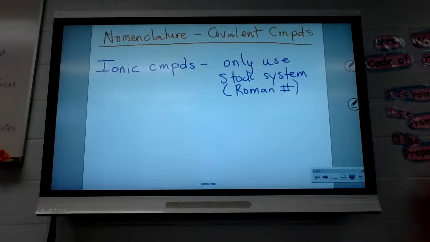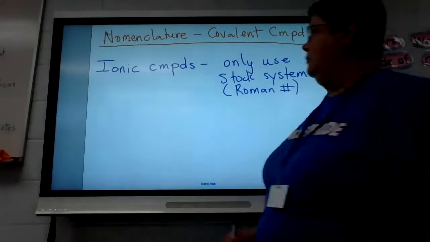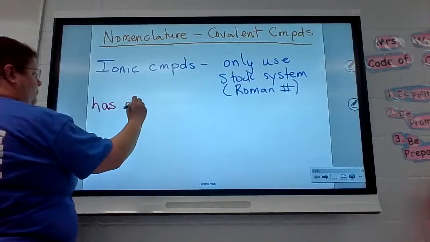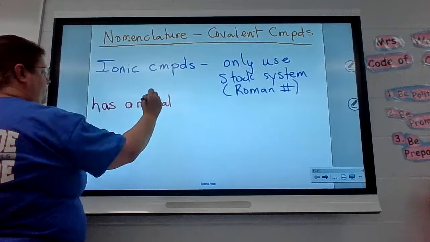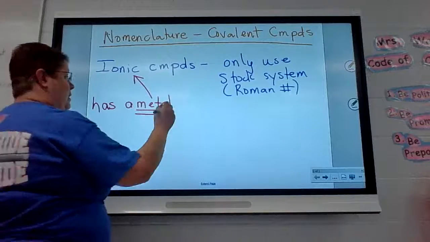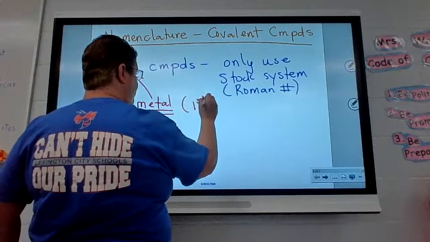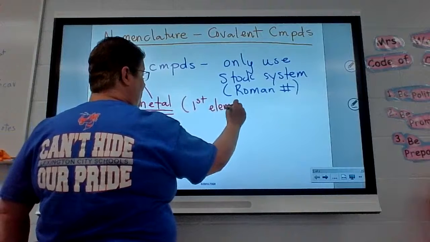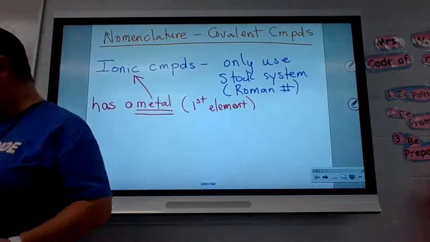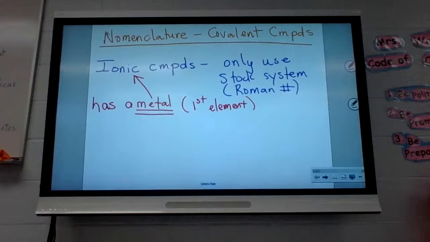All right, so you're going to have to figure out if it has a metal, it's automatically ionic. It is the first element. So all you have to do is look at the first element. And where did we say it had to be up here to be a metal? So what color is it?